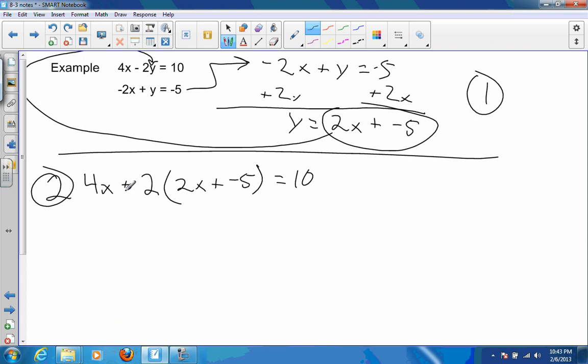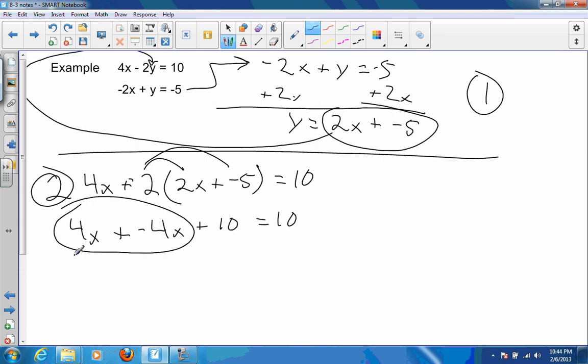And I'm going to change this to add the opposite to avoid some mistakes, and now I'm going to distribute. I got 4x plus 2 times negative 2 is negative 4, so plus negative 4x plus negative 2 times negative 5 is 10 equals 10.